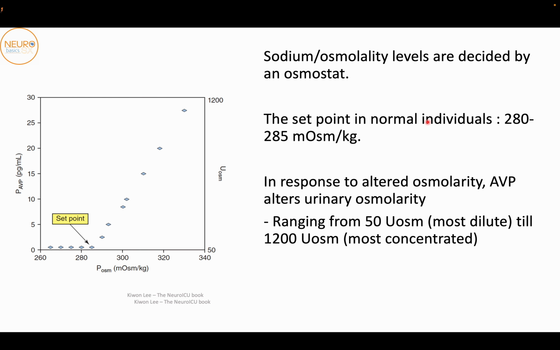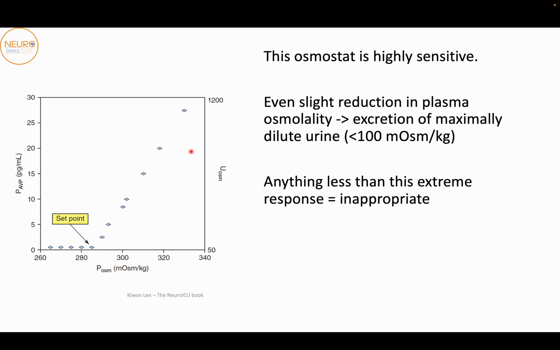Right, so the set point, as we discussed in normal individuals, is between 280 to 285. And whenever there's altered osmolarity, the arginine vasopressin levels will change, and that will alter the osmolarity of the urine. And this can range from the most dilute, which is at 50, to the most concentrated at 1200. And this is highly sensitive, as we saw.